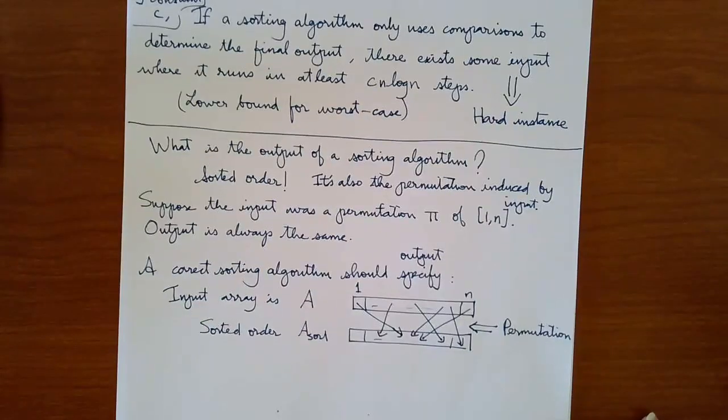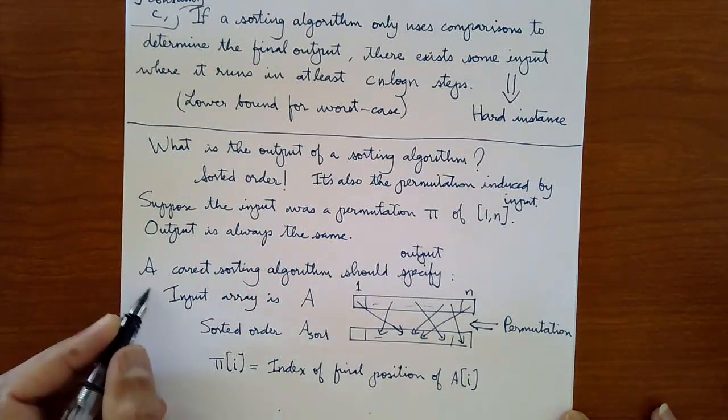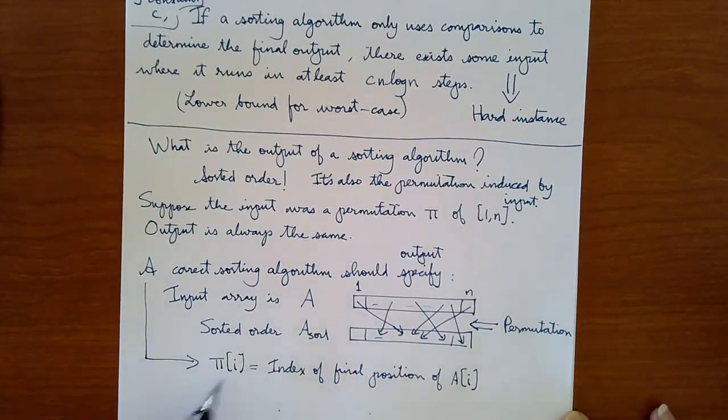And that's a permutation. So for example, let's define pi of i to be the index of the final position of A of i. A correct sorting algorithm should tell you what pi of i is. It should tell you where each input ends up.